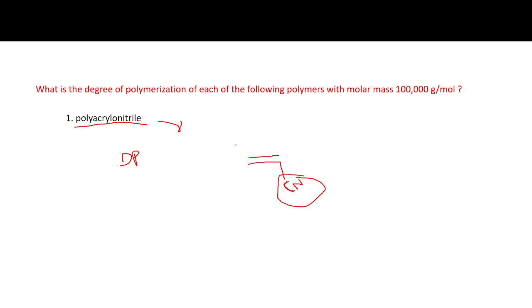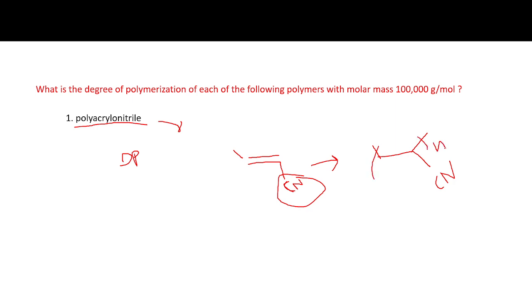In polymethyl methacrylate, methyl and methyl acrylate groups are present. So now we have to find out. This will be our monomer. From here, the polymer will be like this. This will be our CN, and this is the repeating unit of the polymer.